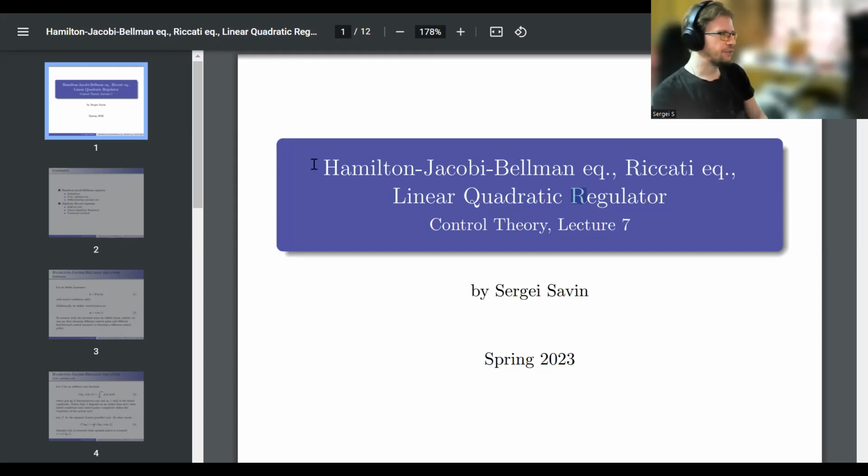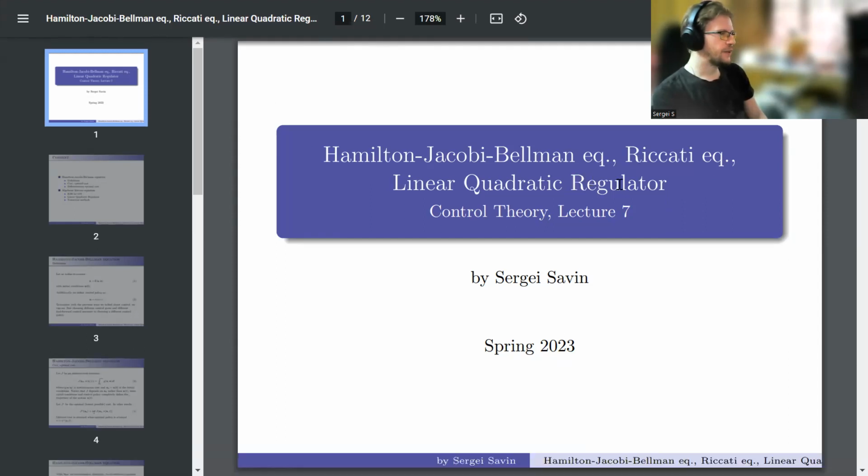LQR is such a popular tool for designing control law for your linear systems, that it is just part of common vocabulary for people who work in this field.